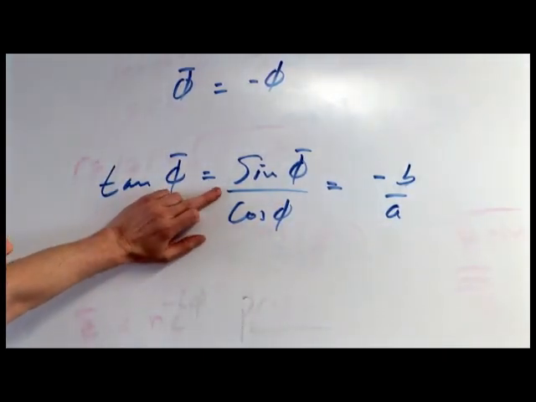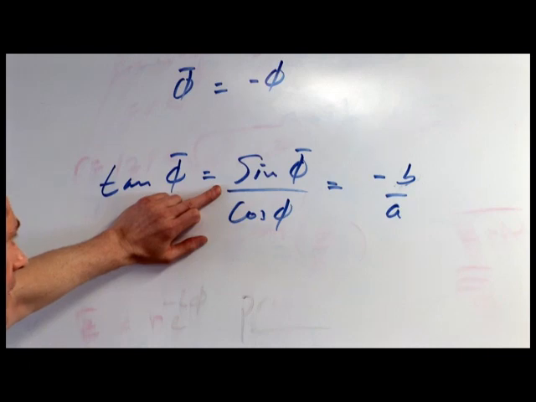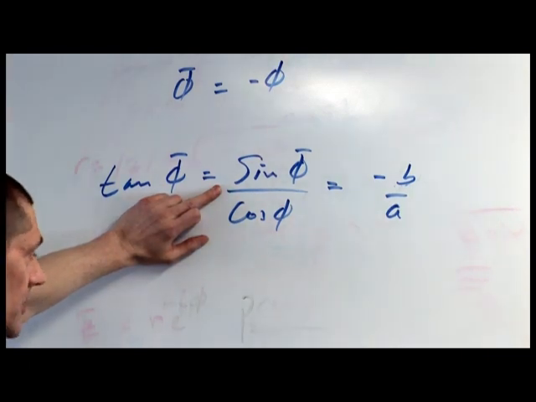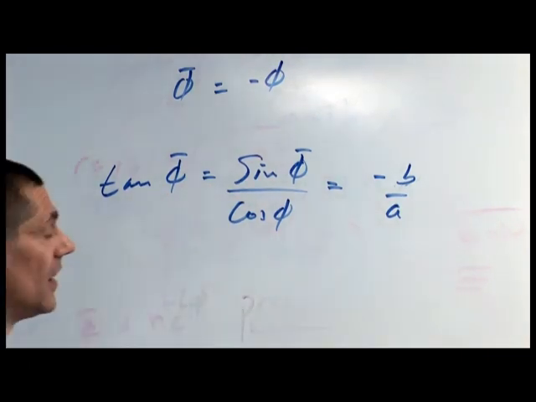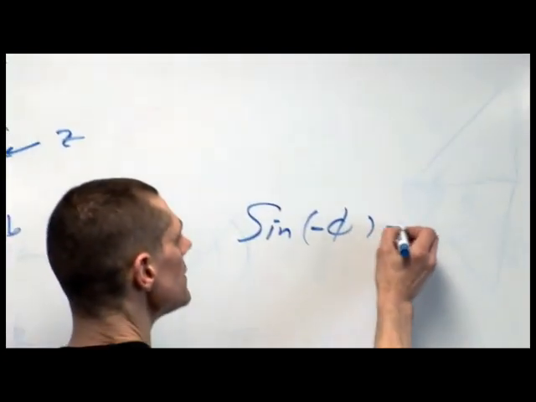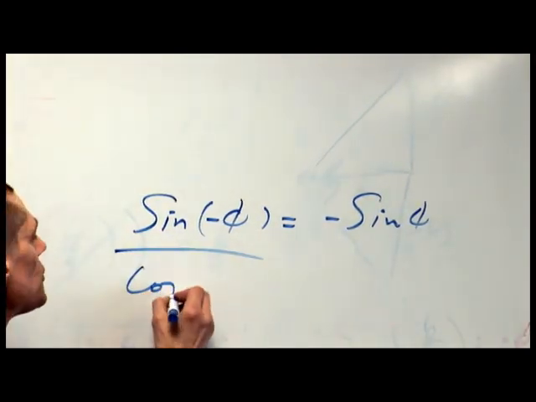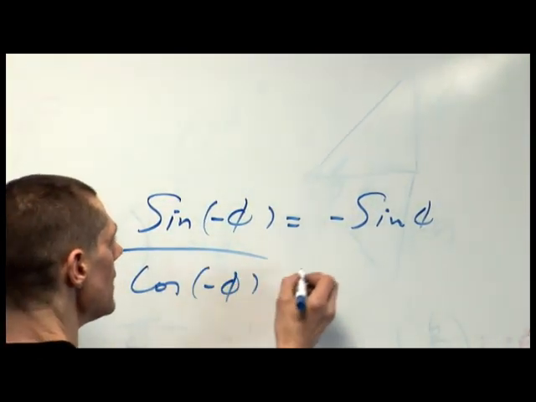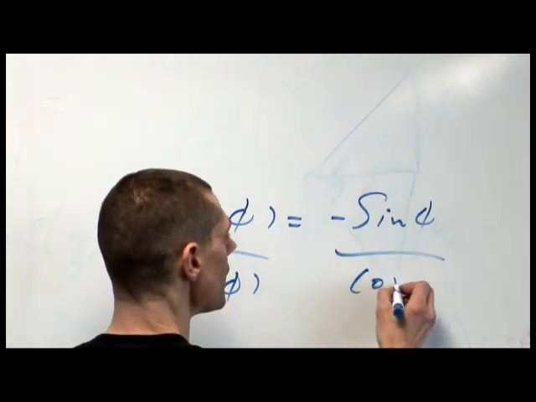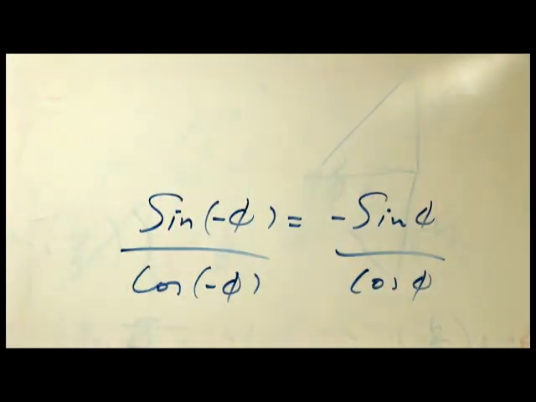So we also know that sine is an odd function and cosine is an even function. That is, we know that the sine of negative theta is equal to the negative of sine theta. We know that the cosine of negative theta is equal to cosine theta. The even functions kill it off.